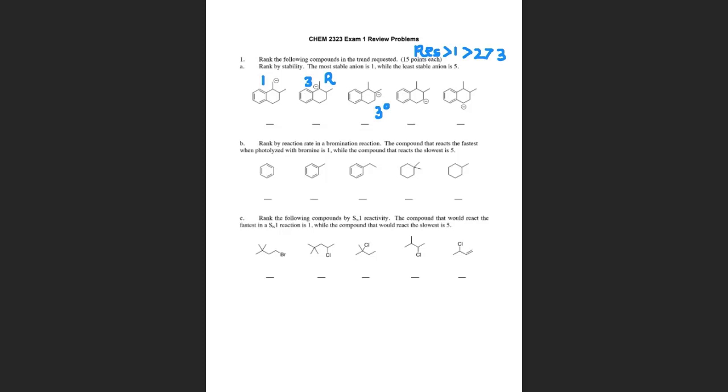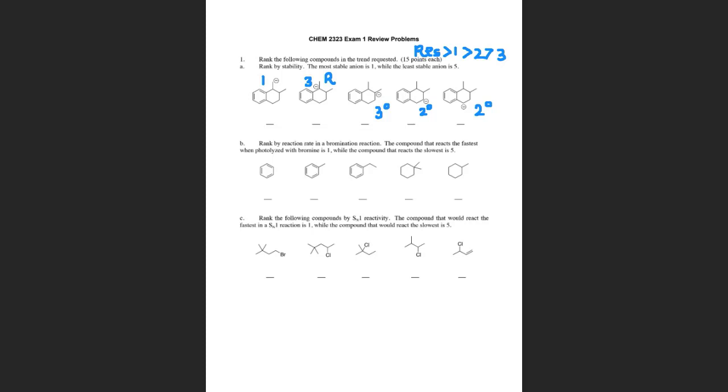The fourth molecule is a secondary. And the fifth molecule is also a secondary, but with resonance. So looking at this, we can look at the pattern and order it now.